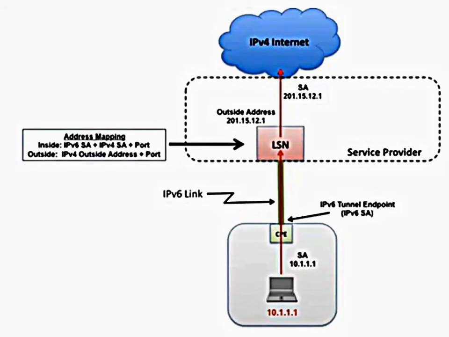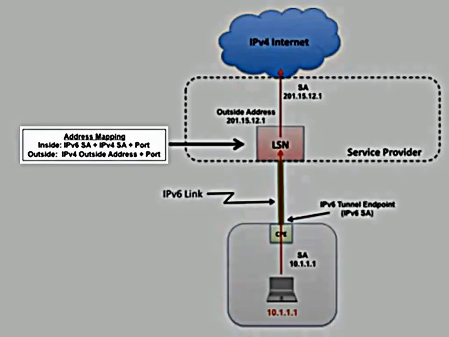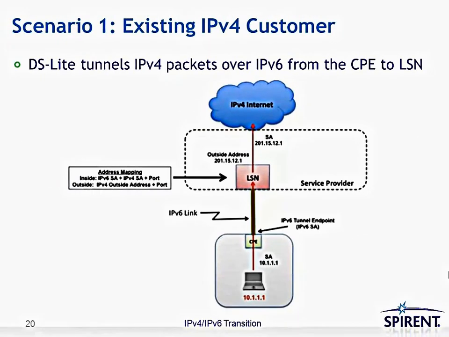The NATing is actually going to occur when it gets to the edge of the service provider's network, the LSN, which has a mapping between the inside IP version 6 plus IP version 4 source address for the tunnel, and then an outside public IP version 4 address. So it's a simple way to provide connectivity to existing CPEs that are using private IP addresses across the IP version 6 network of the service provider, and then translate it back to a public IPv4 address for connecting to the IPv4 internet.